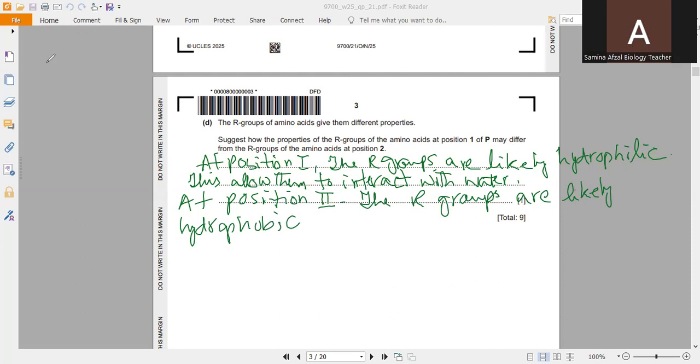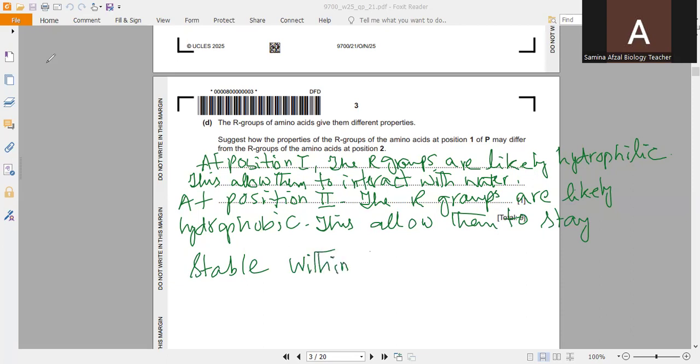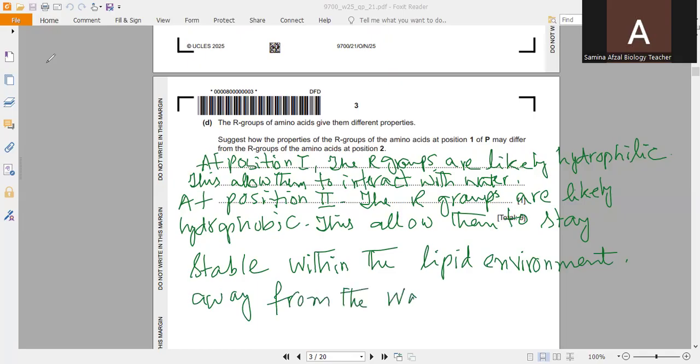So this allows them to interact and stay stable within the lipid environment, away from the water. Moving towards the next question.